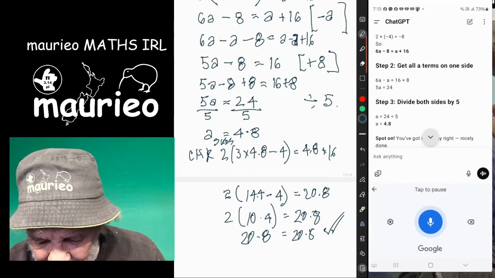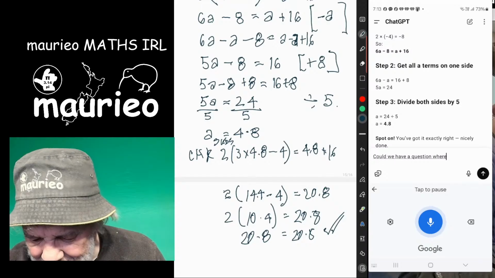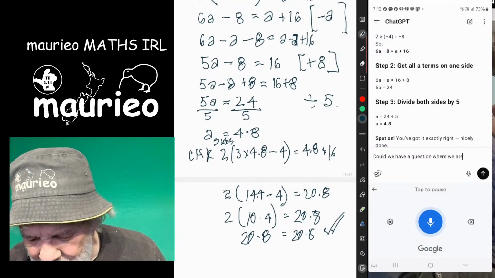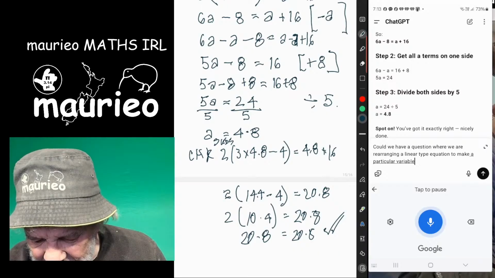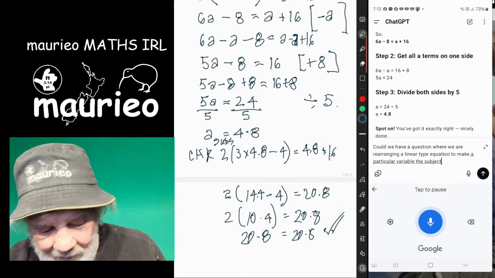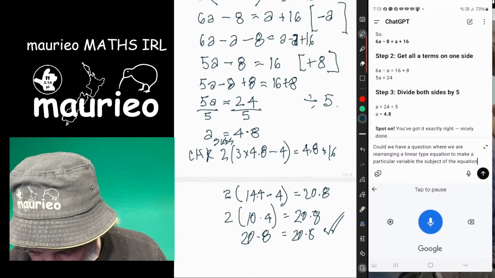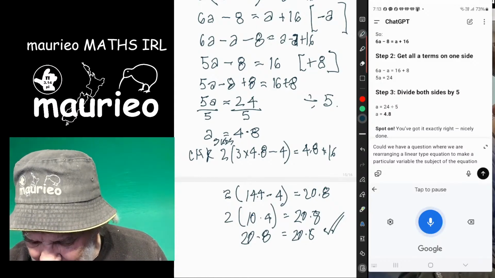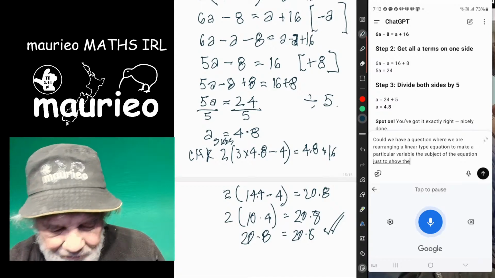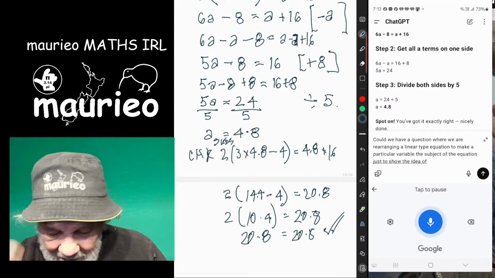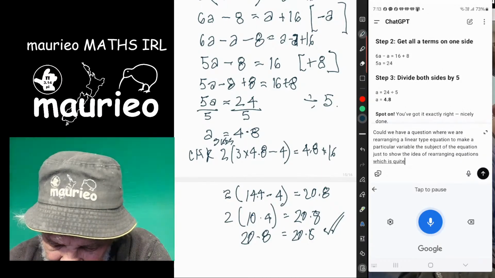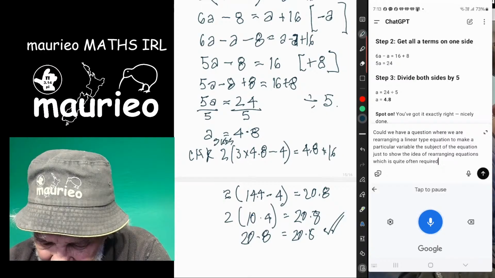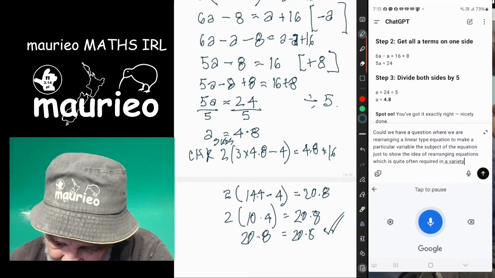Could we have a question where we are rearranging a linear type equation to make a particular variable the subject of the equation, just to show the idea of rearranging equations, which is quite often required in a variety of disciplines.